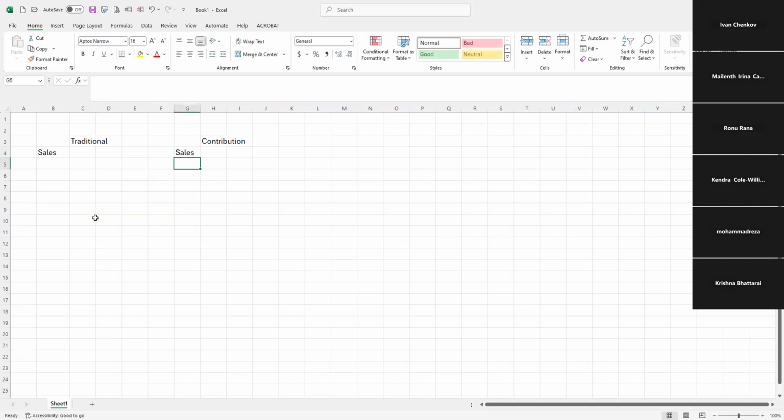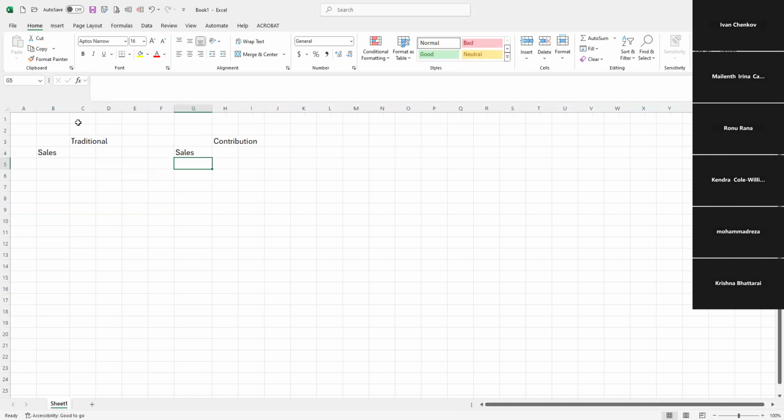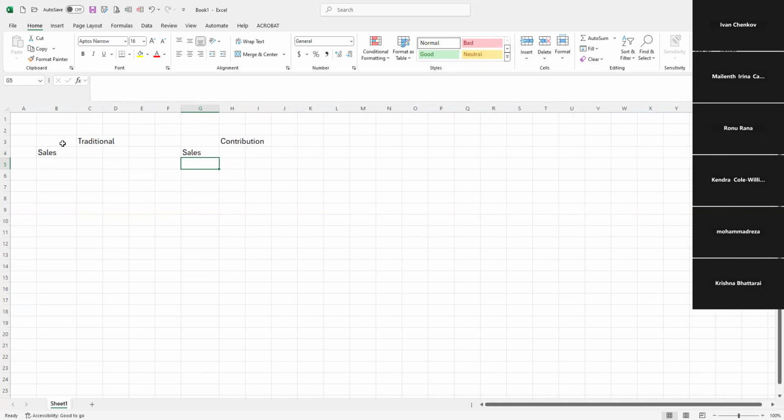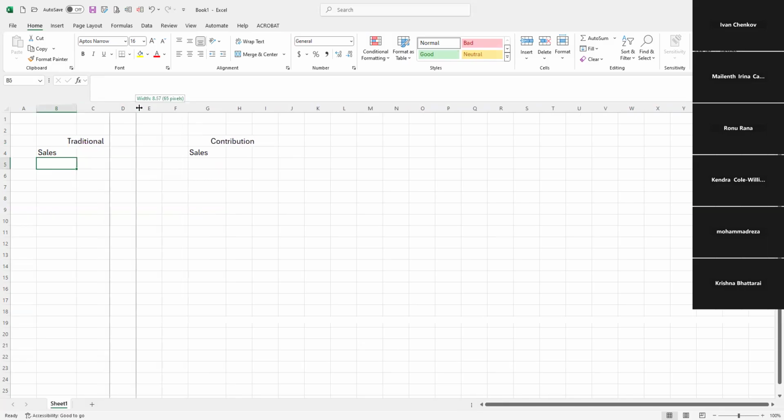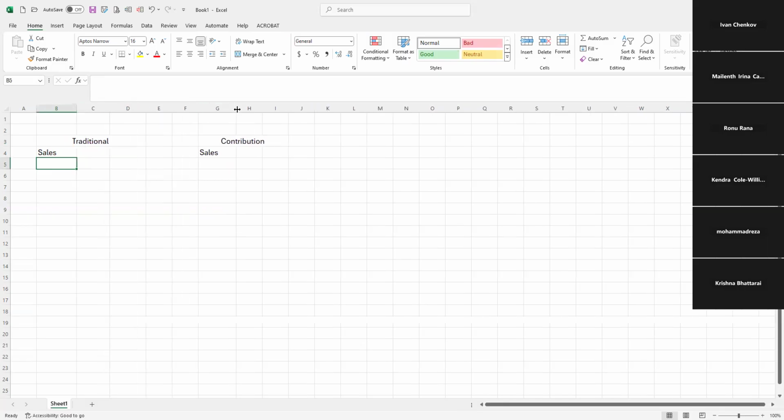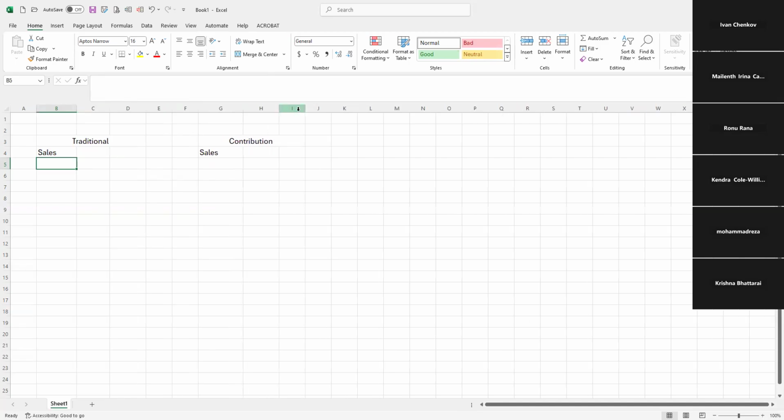Both income statements are going to start with sales. Both income statements are going to have a mid calculation, which will be related to the sales minus something. And both income statements are going to finish with operating income. Now the question is, what's the middle section?